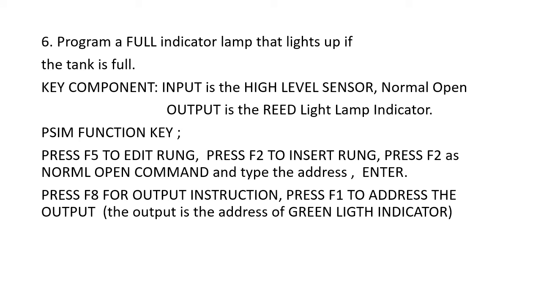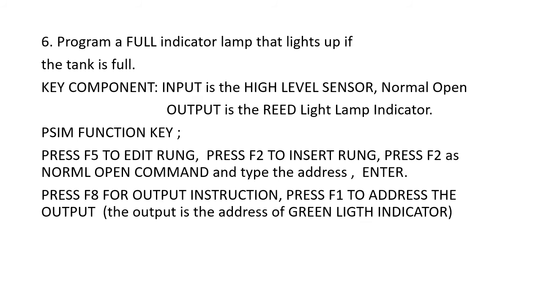The output is the red light lamp indicator. It means the high level sensor must be turned on for the red light lamp indicator to turn on also. Light indicator red color means full. The PSIM function is logically the same process.